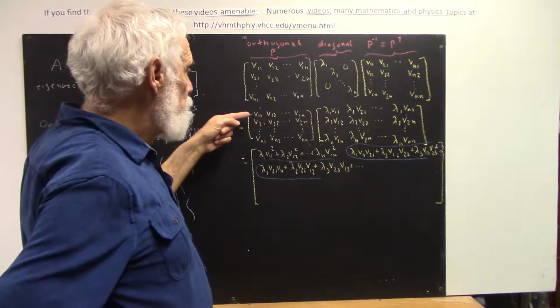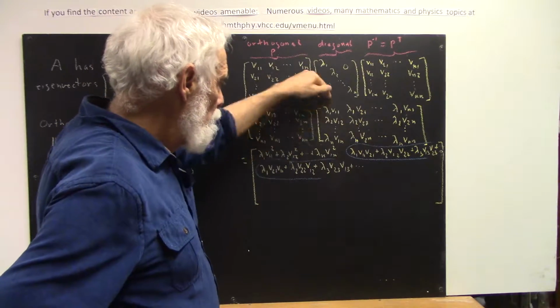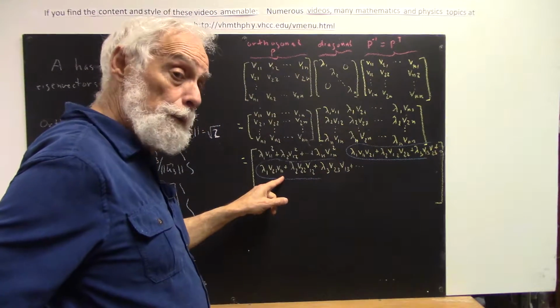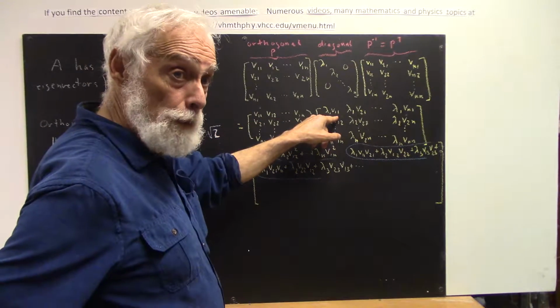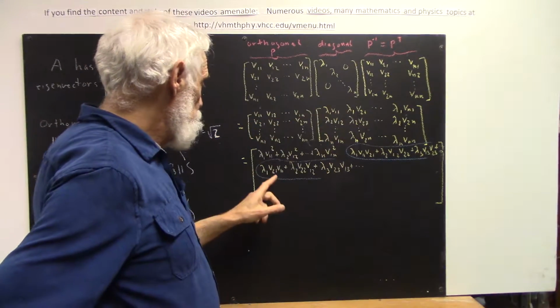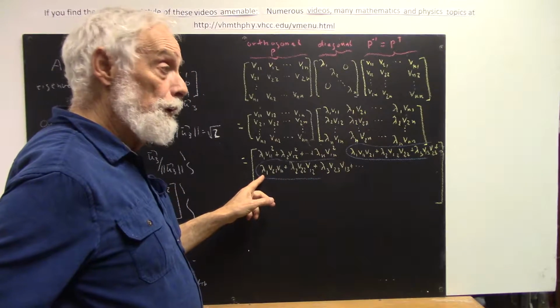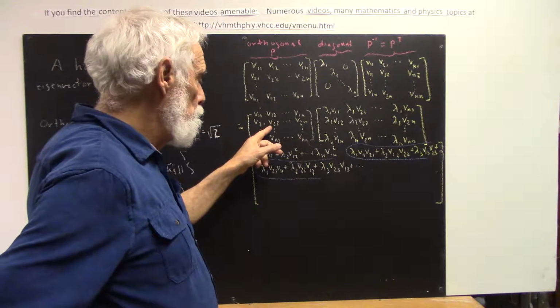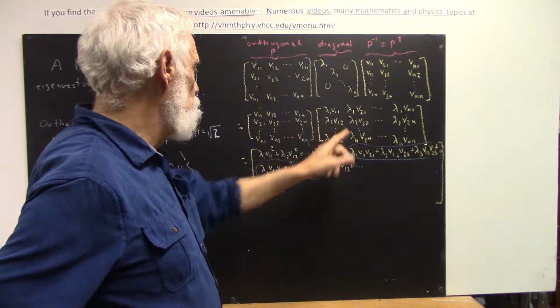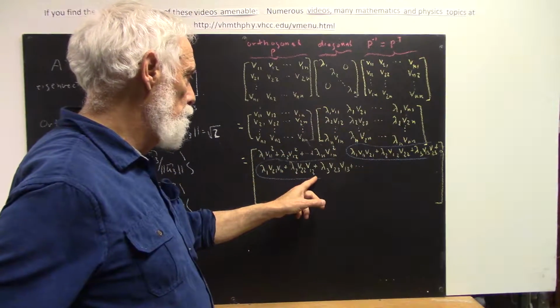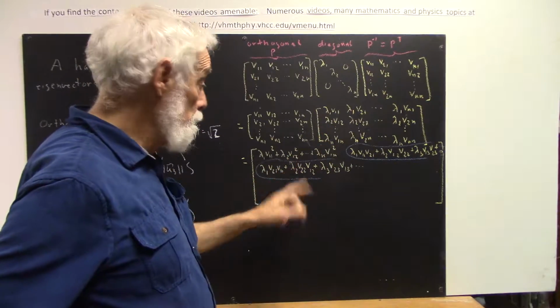So let's do the second row times the first column to get this number. V21 is going to multiply V11 and lambda 1. So we get V21, V11, and lambda 1. And then V22 is going to multiply lambda 2, V12. So we're going to get a V22 and a V12, and we're going to get a lambda 2.